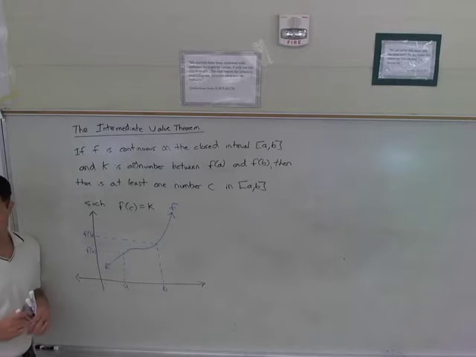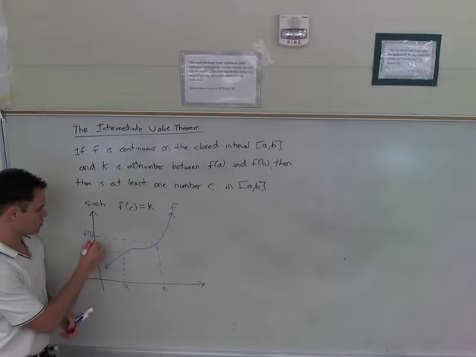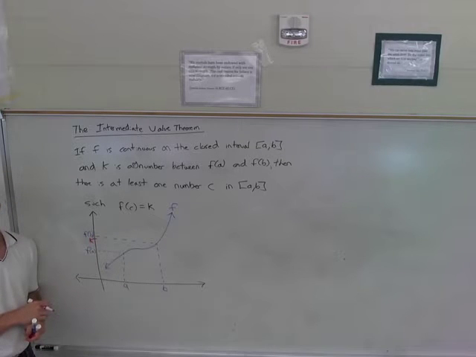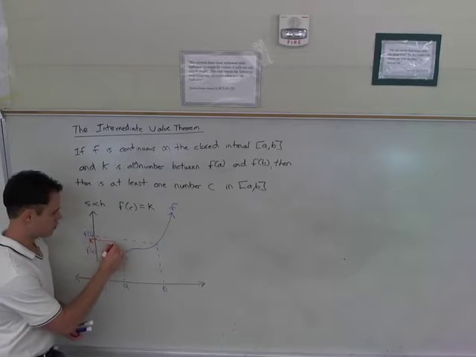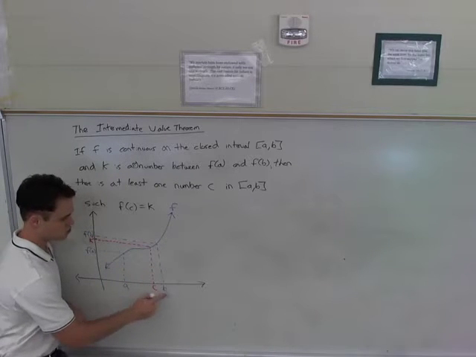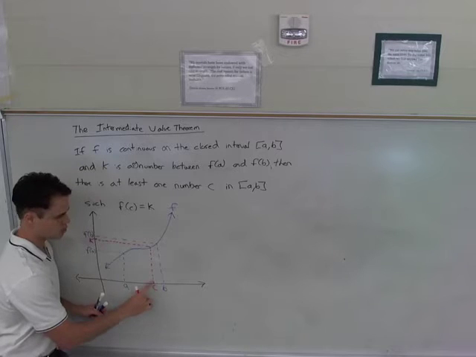You guys have the choice to pick it. I say, okay, you pick any number that's between those values. Put it there, for instance. What does the theorem guarantee? There's going to be a c such that f of c equals k. Which means you can trace over to the edge and trace it down, and there's some c between a and b such that when you put c in, you get k.